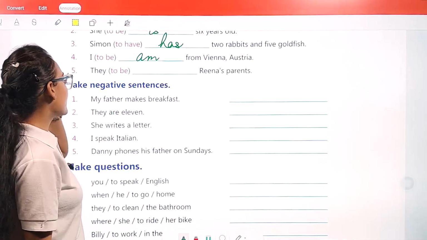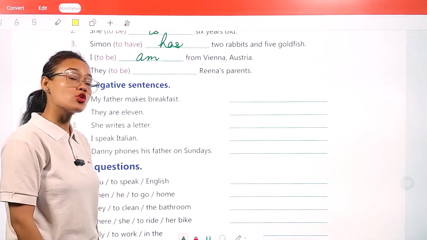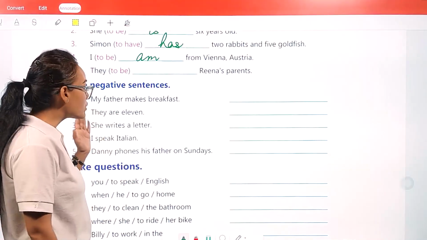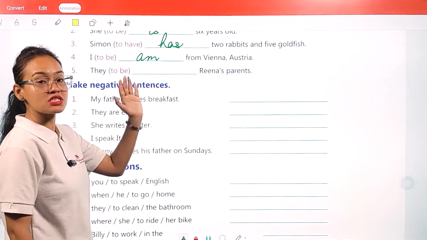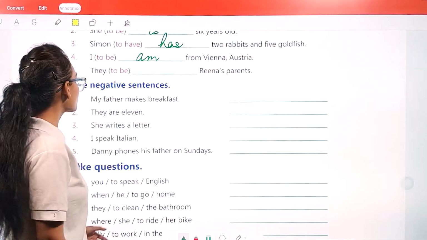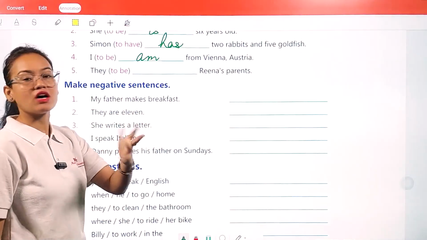Then D, make negative sentences. Here, my dear students, we can see a total of 5 affirmative or positive sentences written. Now what we have to do is convert these affirmative sentences into negative sentences. In what way are we going to convert them? Let's see. The first one is, my father makes breakfast. It is a positive sentence. So in negative, how are we going to say it?